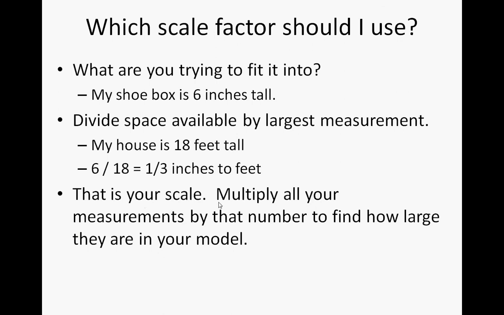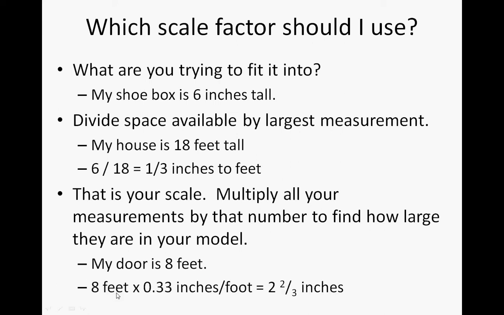That's my scale. Now you'll notice this is not in the same units, so I might have to go 1 inch to 3 times 12, which is 36. 1 to 36 would be my actual scale, but I'm probably going to use this because most of my measurements will be in feet. So this is my scale, and now I multiply all my measurements by that number to find how large they are in my model. So if my door is 8 feet tall, which would be reasonable, I multiply 8 feet times 0.33 inches per foot, which is approximately 1/3 inches to feet, and I end up with 2 2/3 inches.